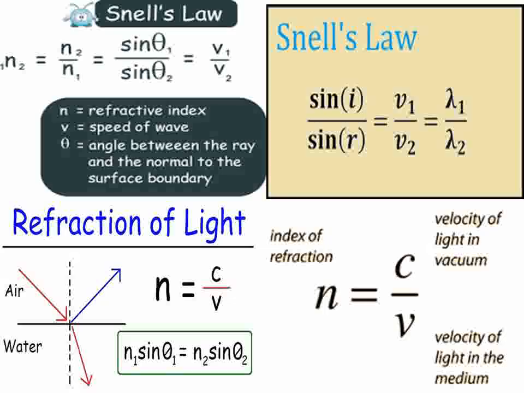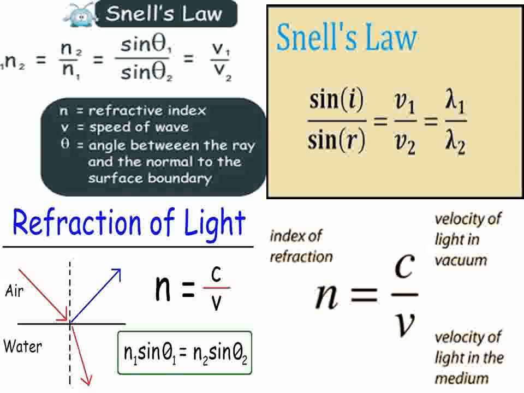We can write in another form, if i and r are the angle of incidence and angle of refraction, then sin i upon sin r is equal to v1 upon v2.